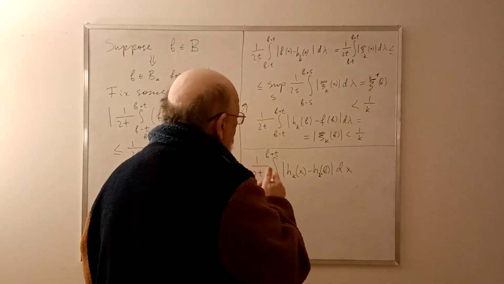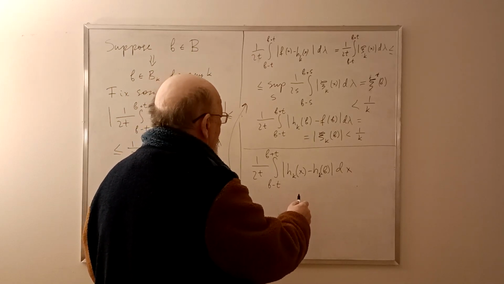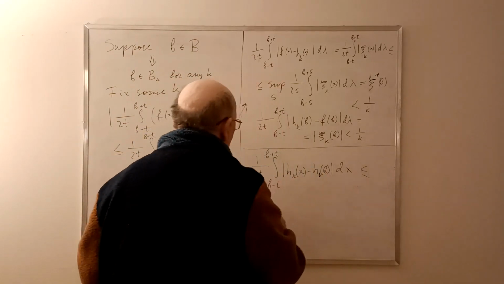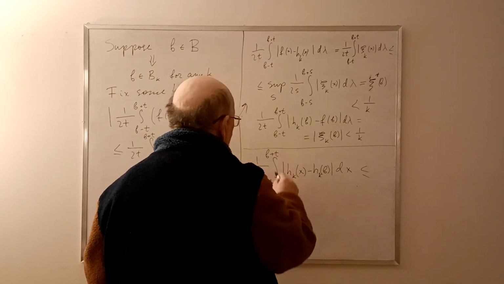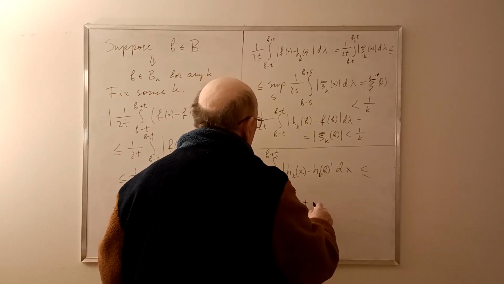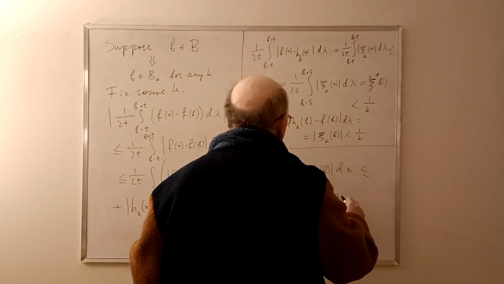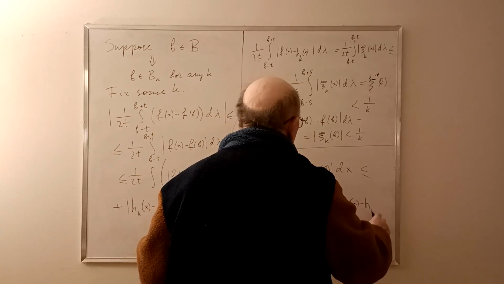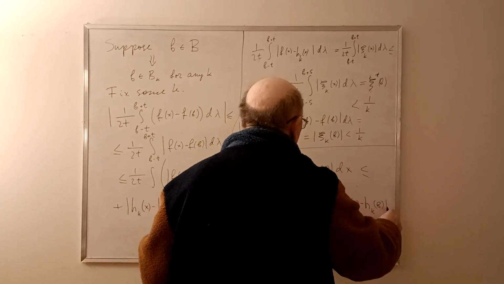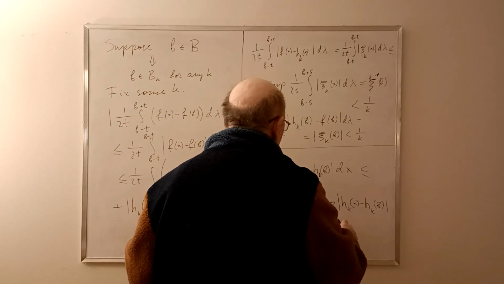And if h is continuous, then I would say this is less than 1 over 2t times the length of this interval, 2t, times the supremum of the modulus of hk of x minus hk of b over the interval modulus of x minus b less than or equal to t.